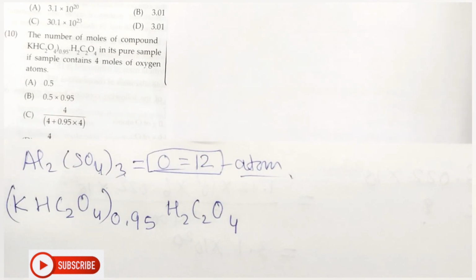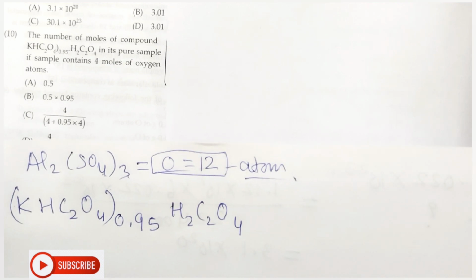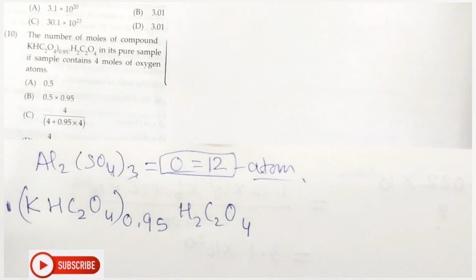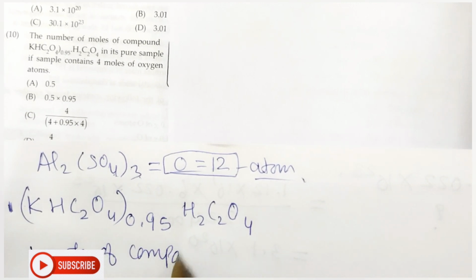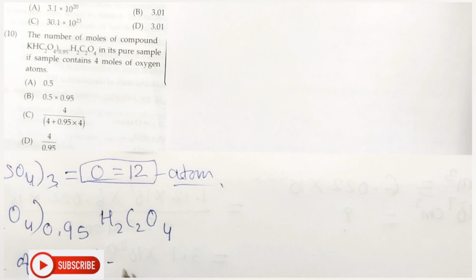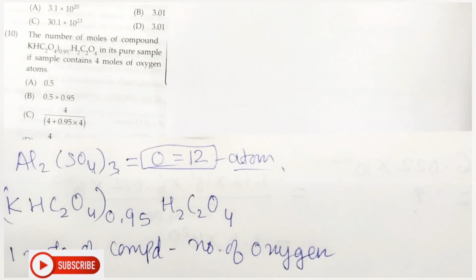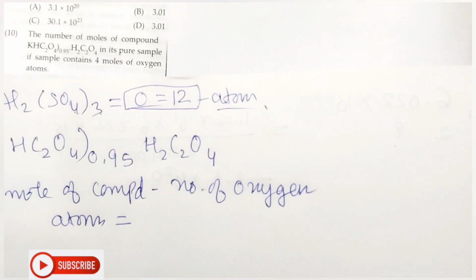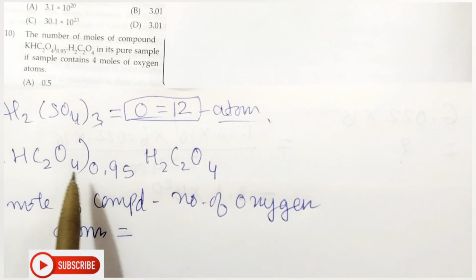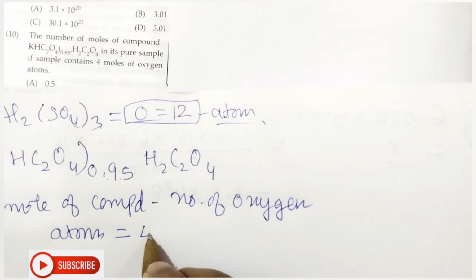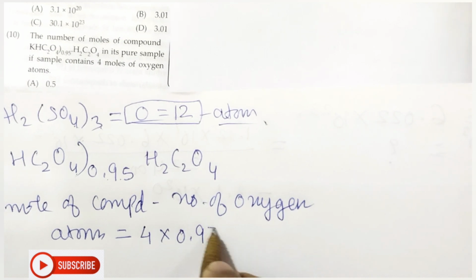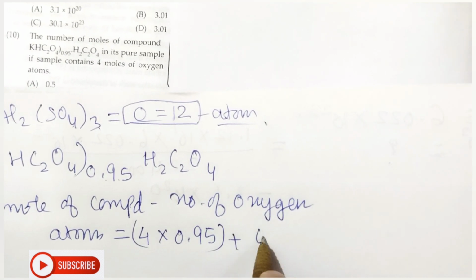Right students? If I want to calculate the total number of oxygen here, how much will it be? This is 1 mole of the compound which is given. So in 1 mole of the compound, the number of oxygen atoms will be, see how I am doing this, 4 multiplied by 0.95 plus 4 oxygen atoms.